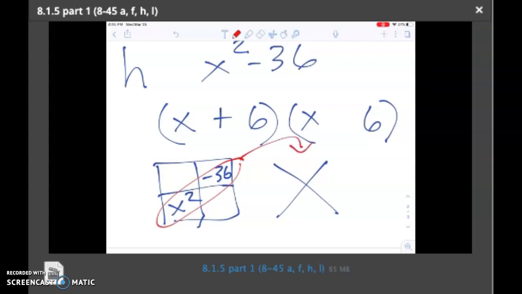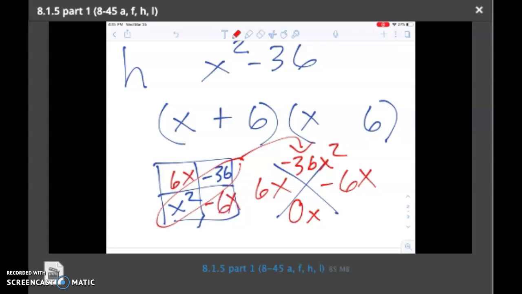Negative 36x squared. I have 0 x's, so that's what goes in the bottom. Oops, I made a mistake up here. Let me see my 6. All right, and then those factors to get negative 36x squared in the top, 0x in the bottom, are 6x and negative 6x. Drop those over here.